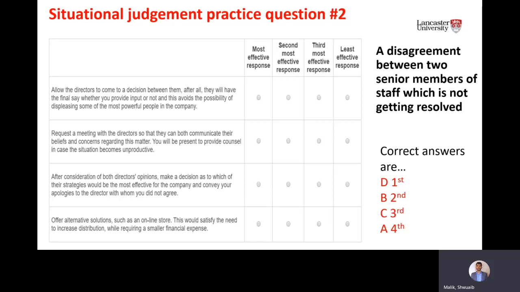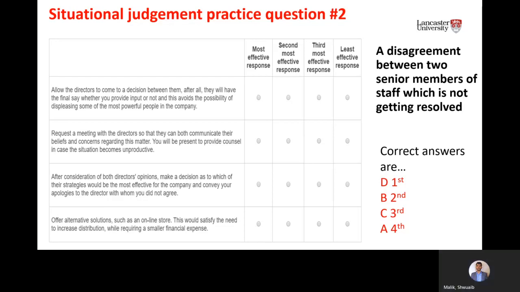So thinking about outcomes, D would surely lead to the best outcome in this scenario, as you're trying to solve the issue between these 2 senior members, and the issue has stemmed from them not being able to come to an agreement about the company and being able to meet the retailer's expectations. So offering something that will in turn have them agree on something is surely the best way to go about this situation.